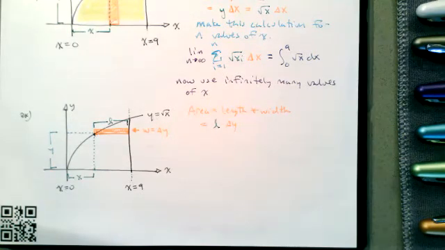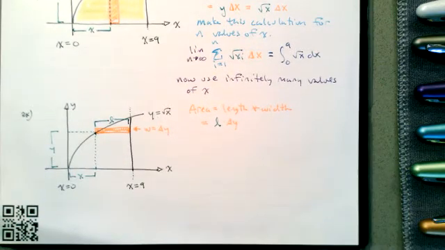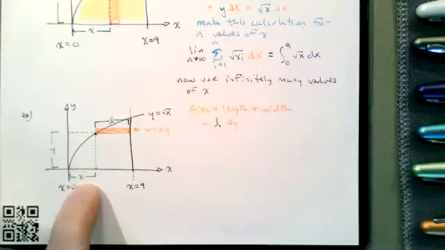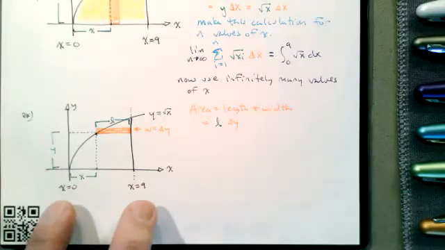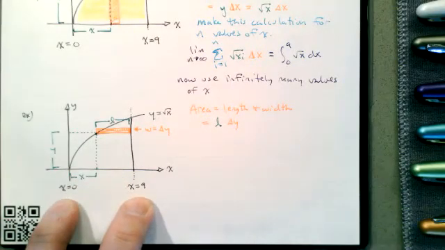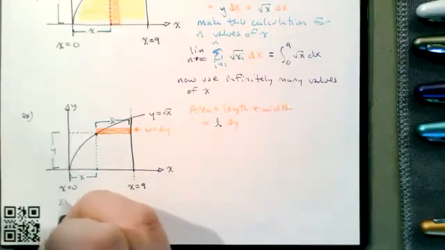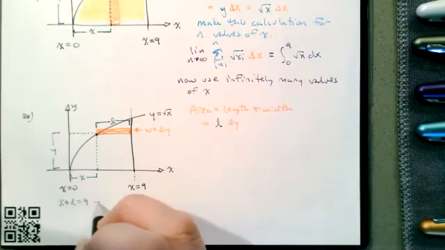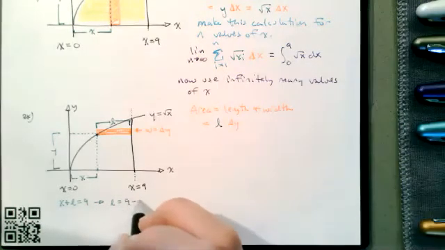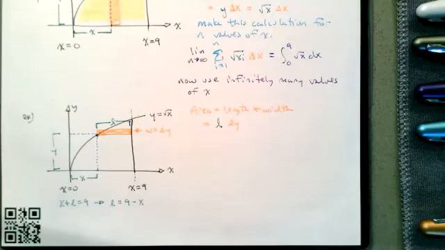But notice L is a horizontal distance so far in terms of x. Since this piece is x and this piece is L, x plus L is equal to 9, so I can say that L is equal to 9 minus x. Total is 9, one piece is x, the other piece is 9 minus x. But this is not what we want.